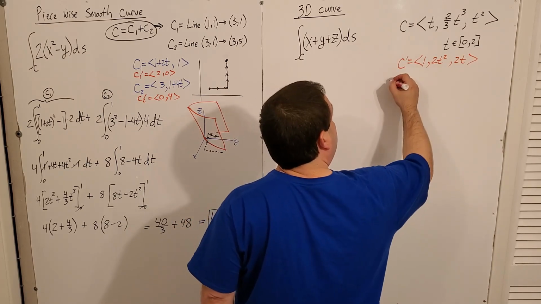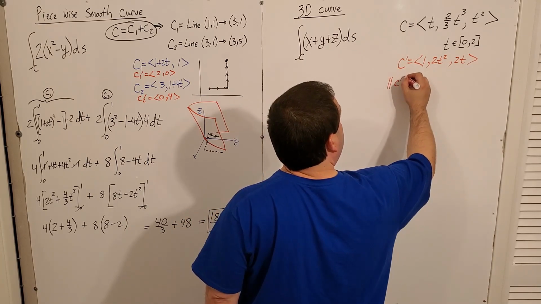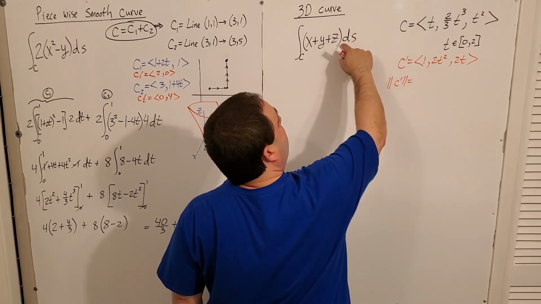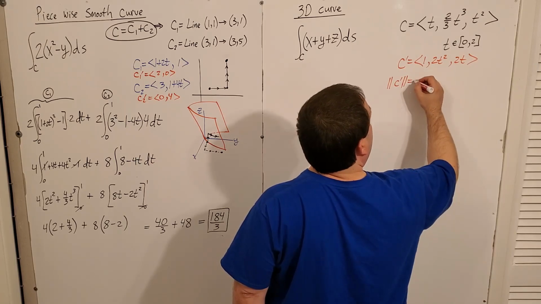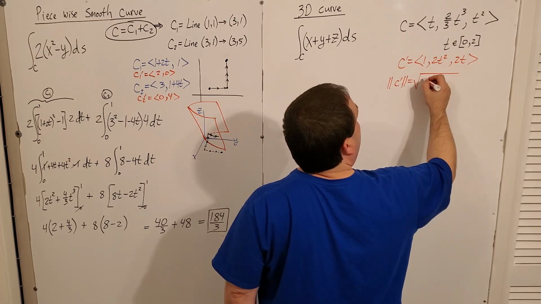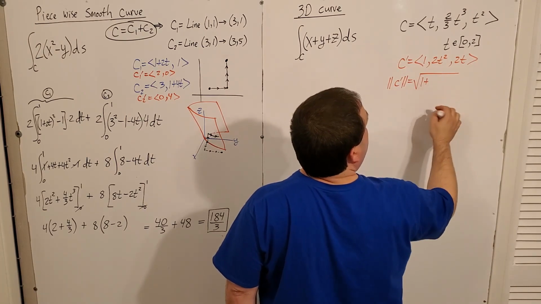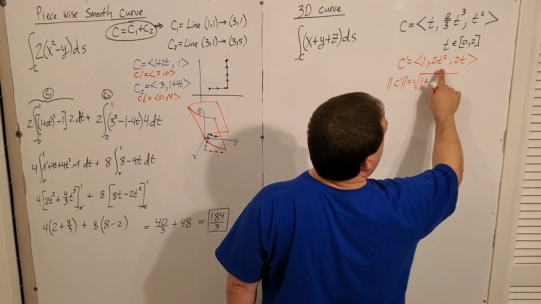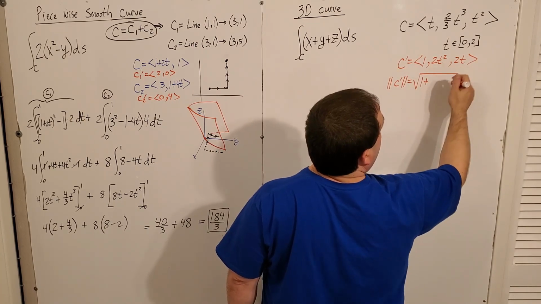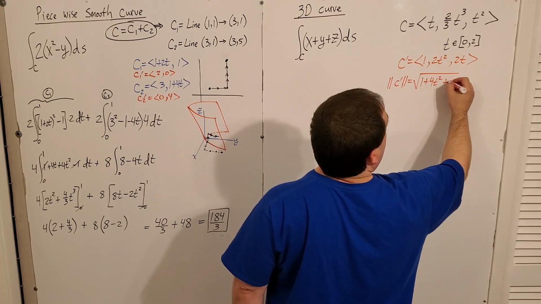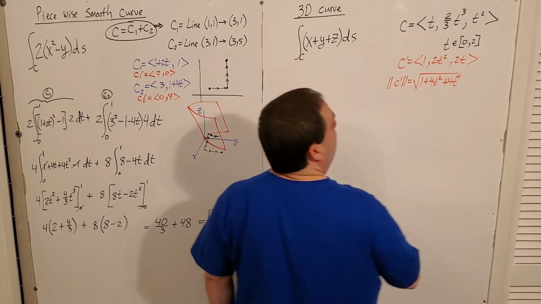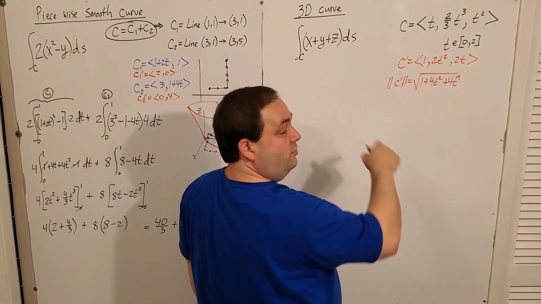Okay, so then the magnitude of C is what we're going to eventually multiply in here, right? The curve length there. Square root of 1 plus, and I'm going to put them in a different order than you see here. I'm going to go ahead and square this one. That's 4t squared. And then this is 4t to the 4th. If you've watched my previous videos, you already know what's coming, right?